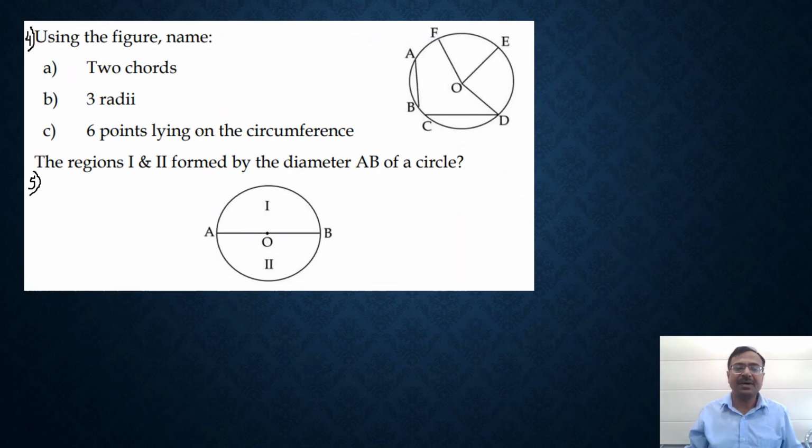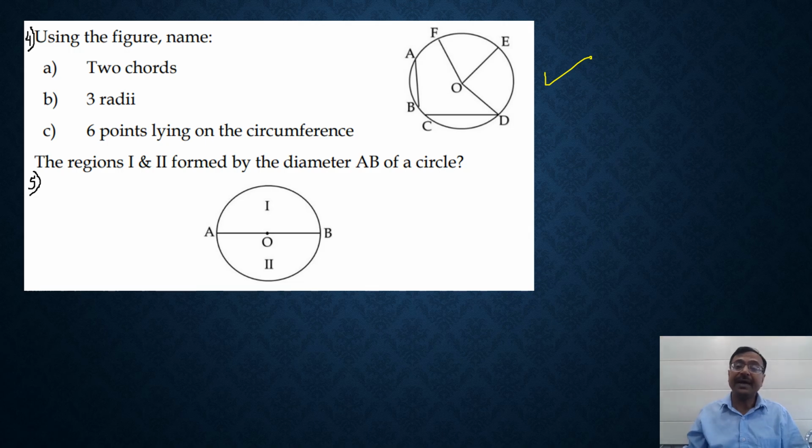Let's see the last slide and we will be through with this video. Question number 4 here. There's a figure given there. I'll mark it for you. We need to name two chords. And I told you what chords are. A chord is a straight line whose end points lie on the circumference of the circle.